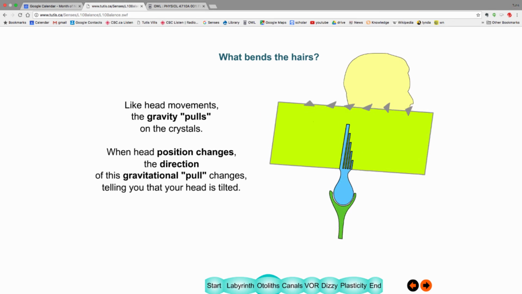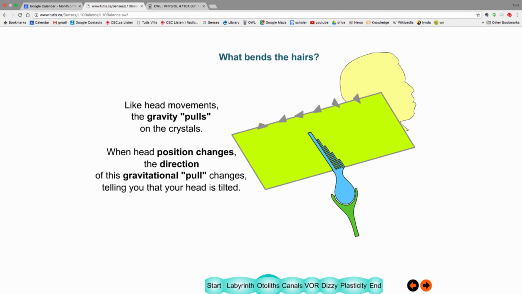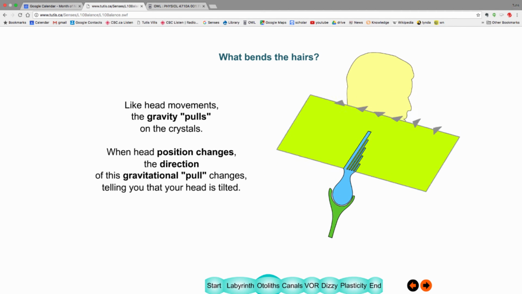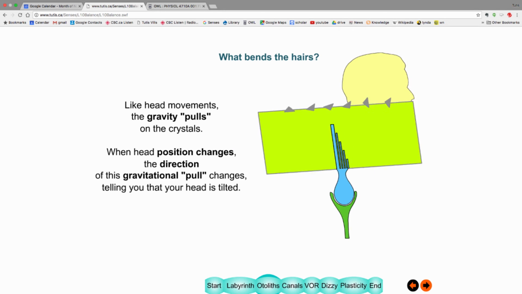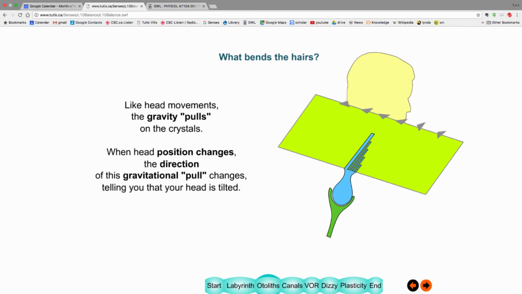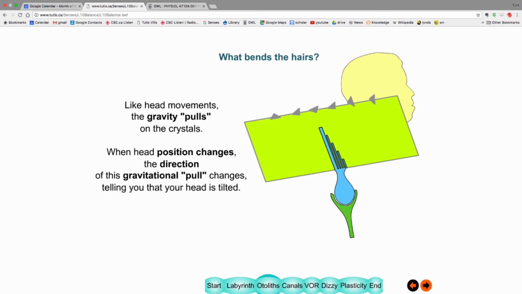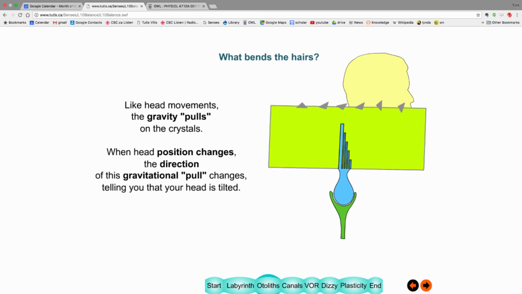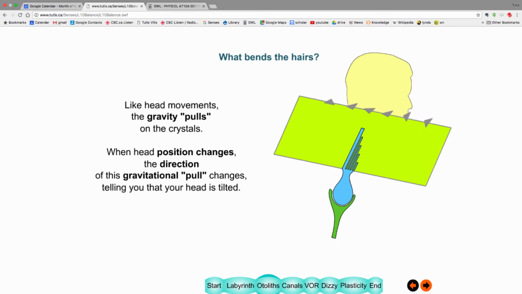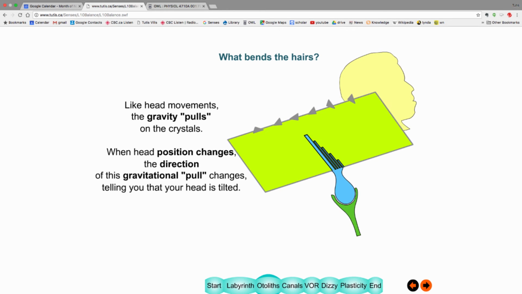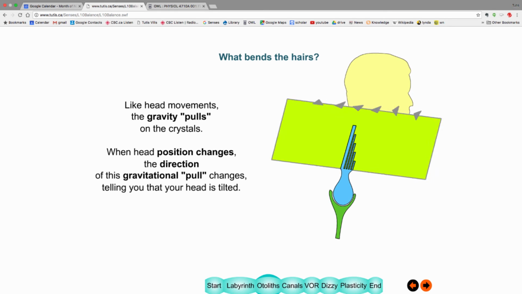The other way this is activated is by gravity. So we said either translation, moving forward, backwards, or up and down, but also when you bend your head to different positions, you can still sense which way down is, and it opens and closes those little flaps.